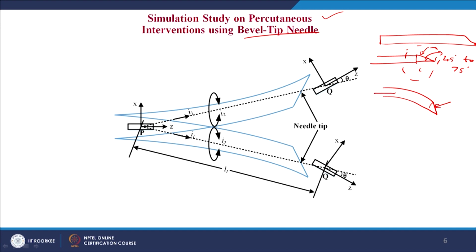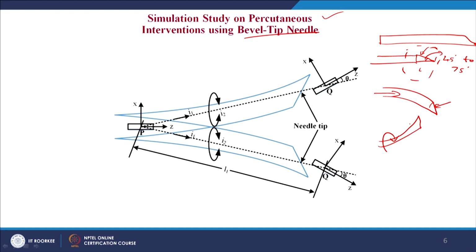Then the needle can be spun along the needle axis in order to change direction, either upper direction or lower direction, depending on the spinning of the needle surface, so the needle must be rotated around its axis to have the direction of curvature.